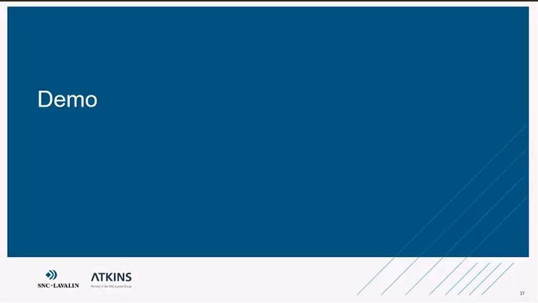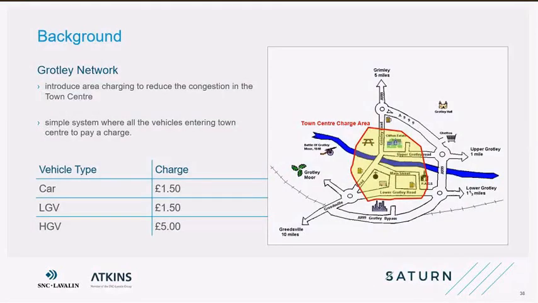And for this demo purpose, we have just created a dummy network. Vijay, next slide, please. I think you've got the network. Yeah. So we have just got a dummy network called Grotley network, which is there in our Saturn test folder. So we have just taken that example, and the red boundary that you see is the charge area, the area which is going to be charged.